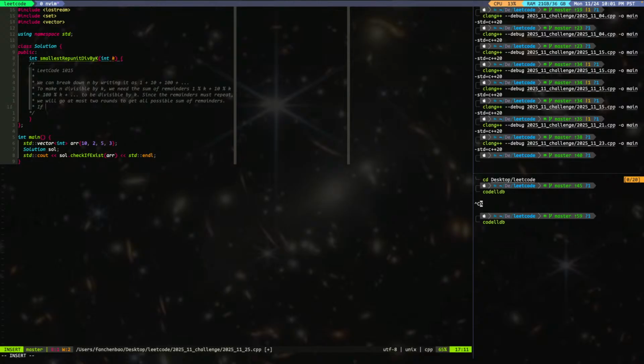So if no n can be found after going through 2 rounds of remainders, we return a -1. Also, we can quickly return -1 if k is even or k is divisible by 5.